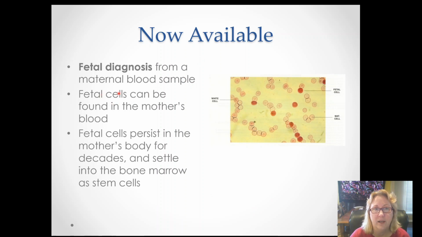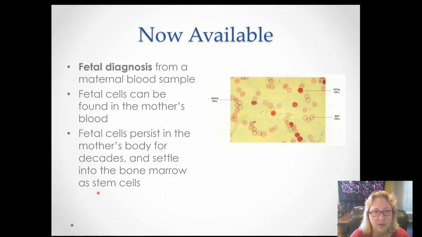Now the fetal cells can be separated from the mother's cells and their DNA can be removed, and we can answer questions about specific genetic disorders as well as look for chromosomal abnormalities like Down syndrome. And this can be done earlier, and it's completely non-invasive and safe, because taking a blood sample from the mother is, I guess, a tiny bit invasive, but they do it constantly during pregnancy anyway.